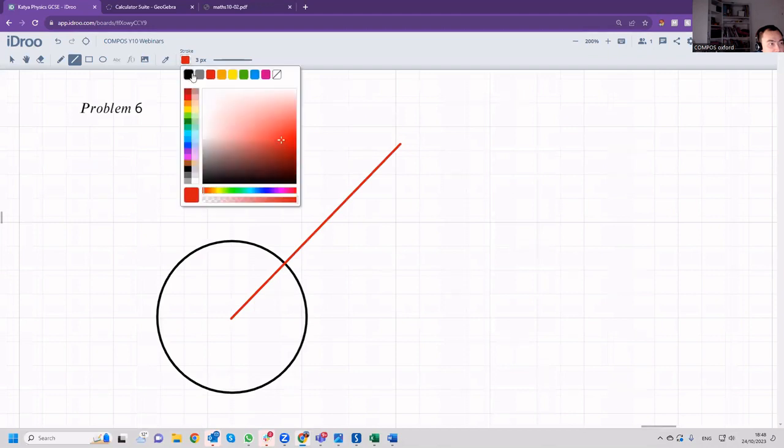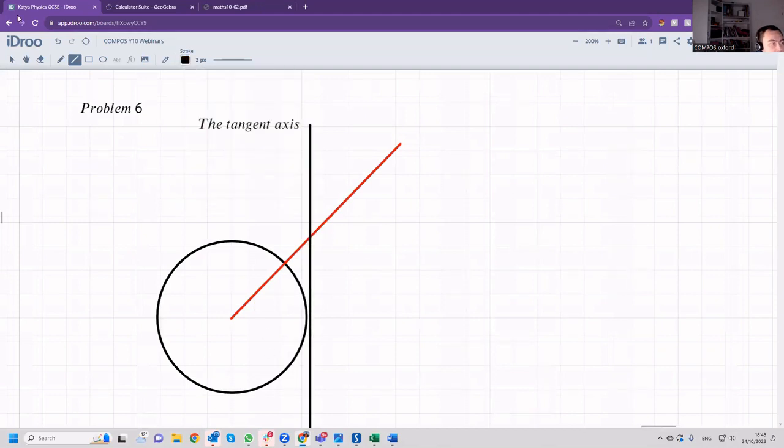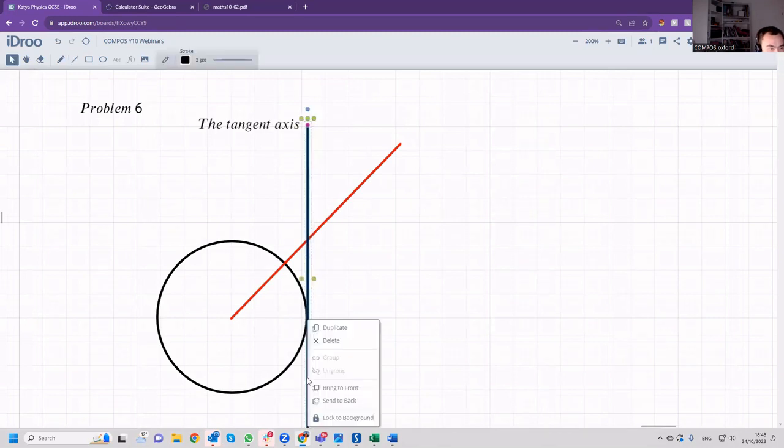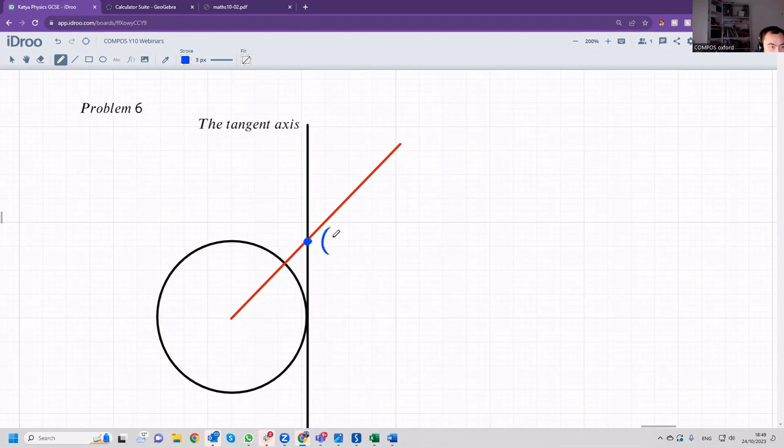But if you draw a vertical line here, the coordinate of this point is going to be 1, comma, tan theta.